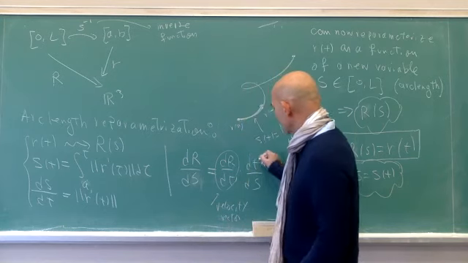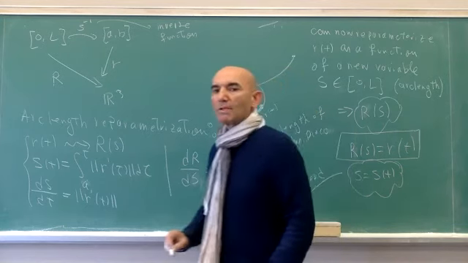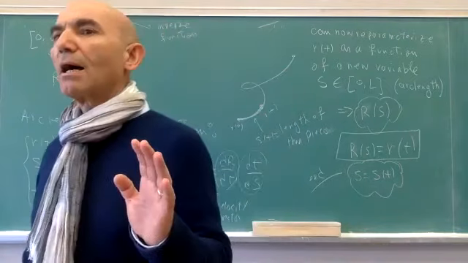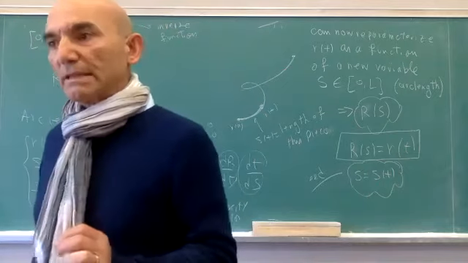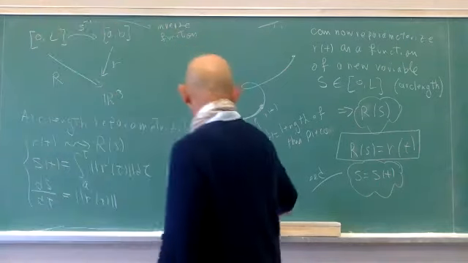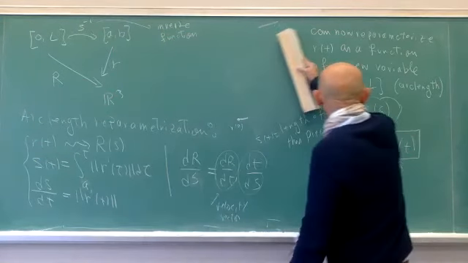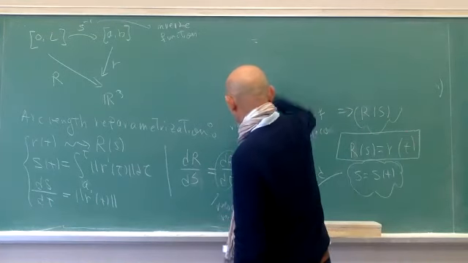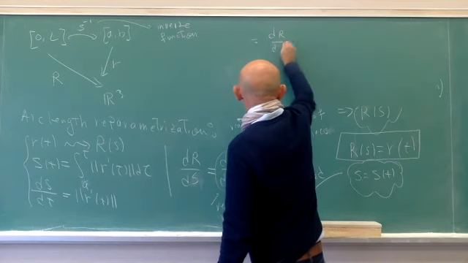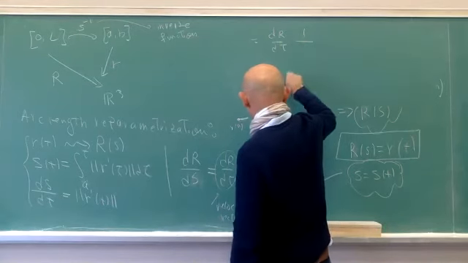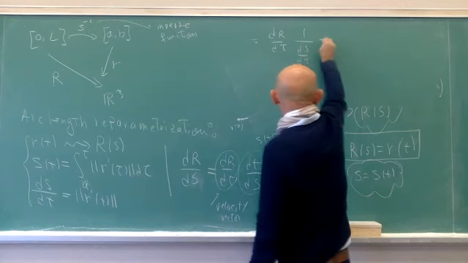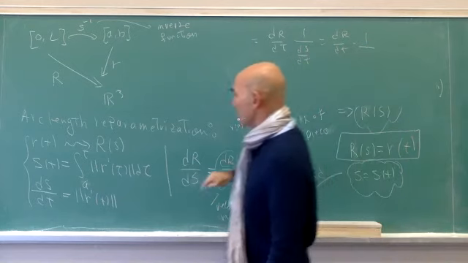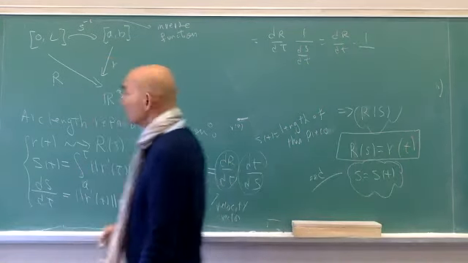And what is dt ds? We are going to be done in a second. It's the inverse of ds dt because of, again, the chain rule. So I can write it as dr dt times 1 over ds dt. Now ds dt we computed is the norm of r prime of t.